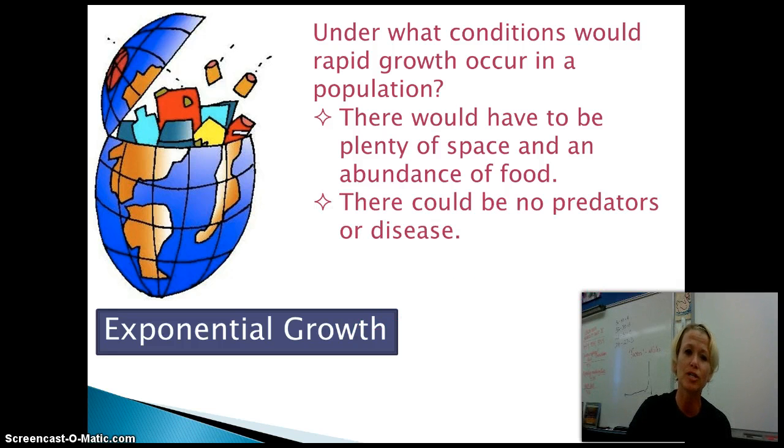If you want exponential growth, there would have to be no predators or disease. And we really don't have any predators. Now, yes, occasionally you hear of someone in Alaska getting eaten by a bear, or swimming in the ocean, someone gets eaten by a shark, I guess. But this is not the norm. There isn't an animal out there that on a daily basis hunts humans.